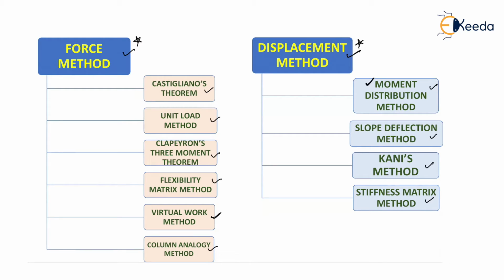Similarly, Carney's method is also a displacement method because the basic unknowns are displacements when we derive the equations of Carney's method. Similarly, in stiffness matrix method, the basic unknowns are displacements. Similarly, in Castigliano's theorem, unit load method, Clapeyron's three moment theorem, flexibility matrix method, virtual work method, and column analogy method, the basic unknowns used for the derivation are forces.